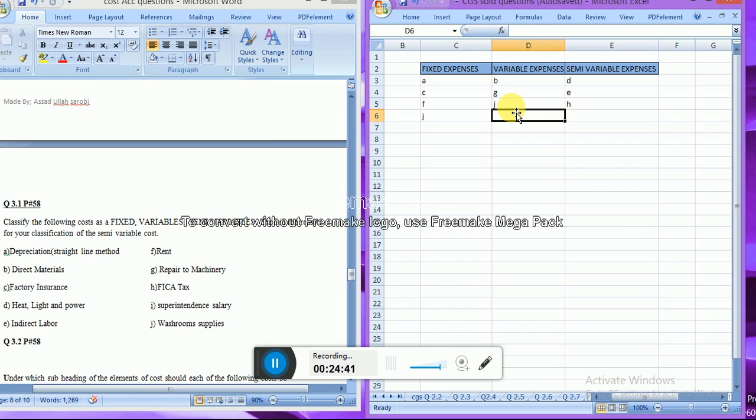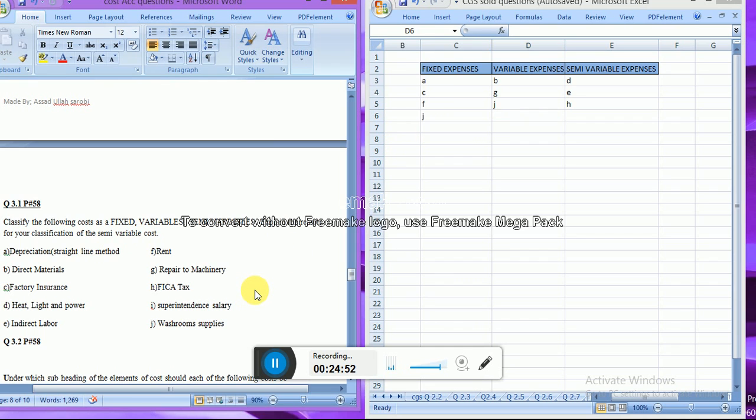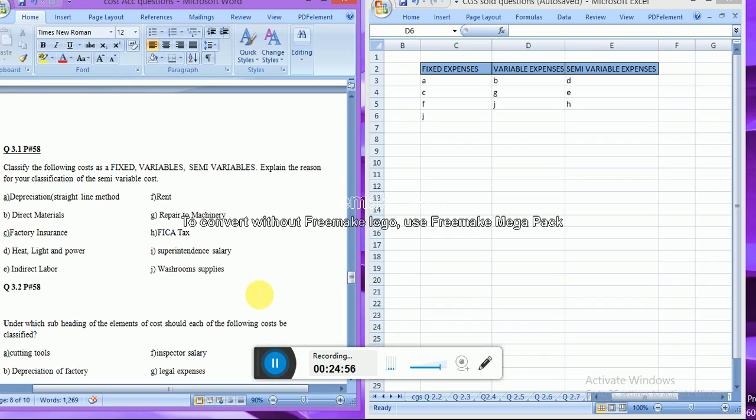So such electricity cost is a semi-variable cost. So I hope you will understand our next question, that is 3.2.